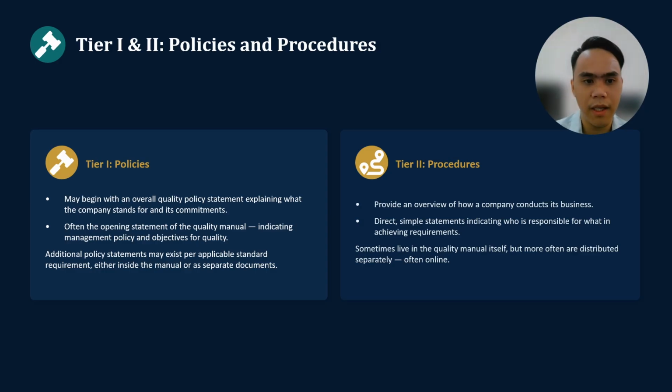So, the shift in altitude between these two: policy tells you what the organization stands for and commits to. Procedure tells you, in overview form, how the business actually runs and who owns that. Neither one yet tells you the specific step-by-step how-to. That's coming next, in tier 3.